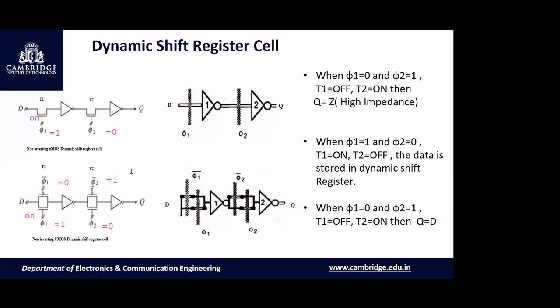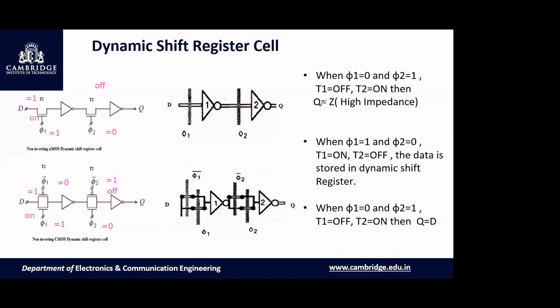Getting it? I'm explaining parallelly. Here T2 will be off. Now let us assume that D is equal to 1. If D input is 1, we'll see what will happen. Understood, no? Second case consider.